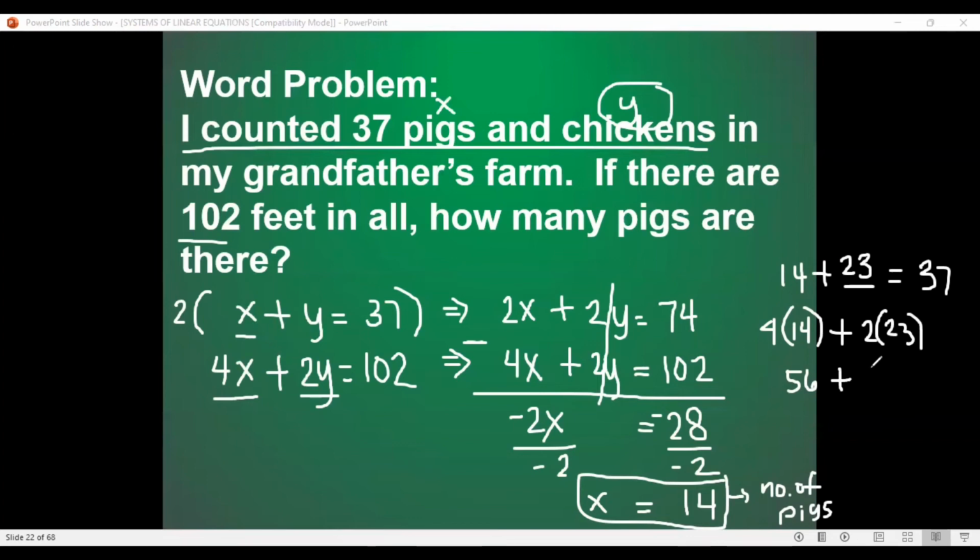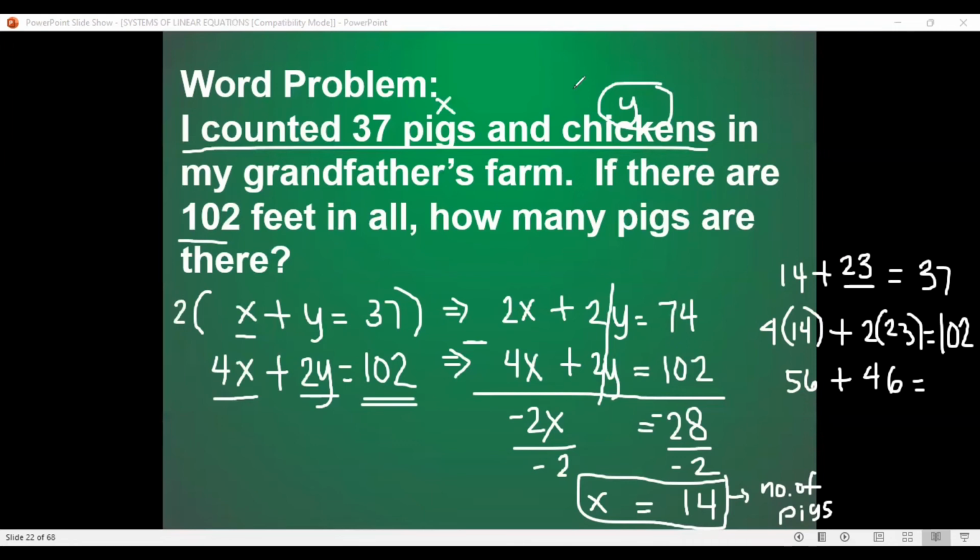Therefore, adding them results to 102. Okay, 102 feet, and we are getting it in the given. So we can say that our answer is correct. There are 14 pigs in the farm.